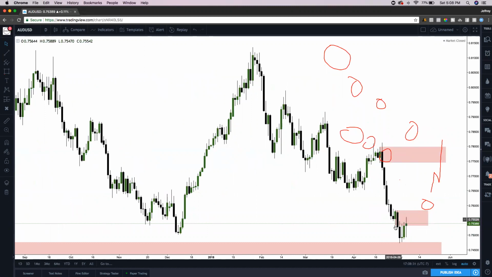Well, the nearest level of resistance is this ICT bearish order block here. So that's the closest thing to me. Then we have this one up here, right? So in terms of what I'm looking for, I'm going to see, are they working off of this level here, and are they going to do another round of selling? Are they going to start selling it from here, or are they going to break above it? And that will give me an indication of what they're going to do from there.